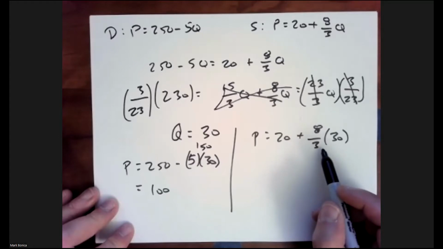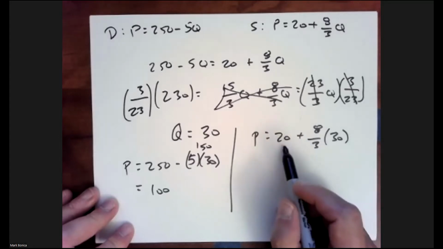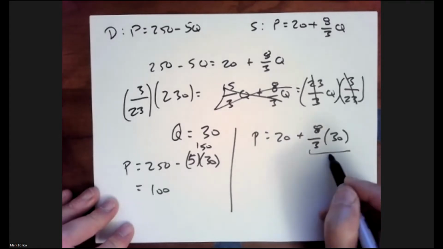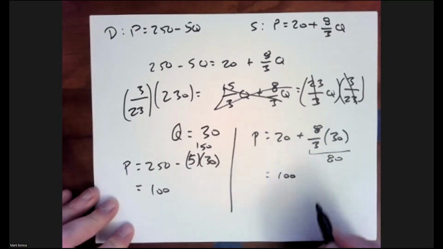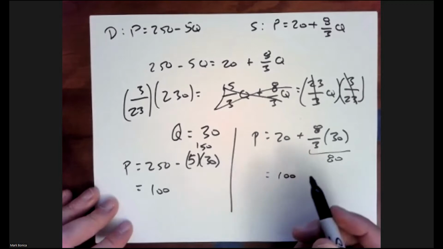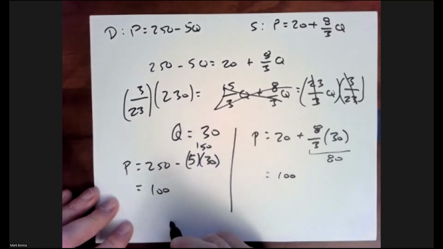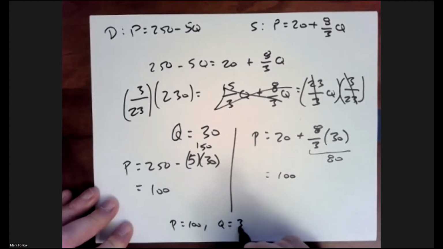Divided by 3 is 80. 80 plus 20 is 100. So both ways work, but the answer is P equals 100, Q equals 30.